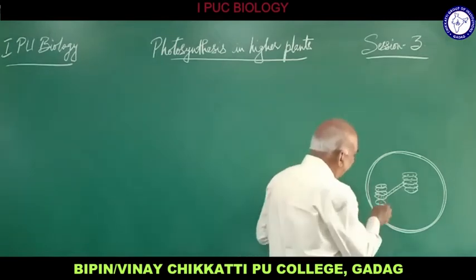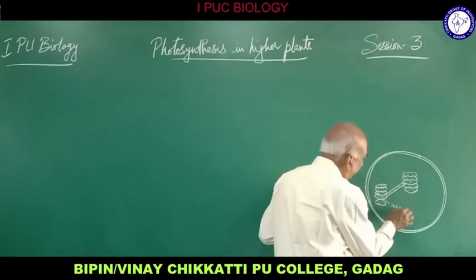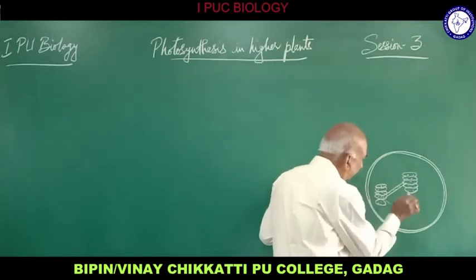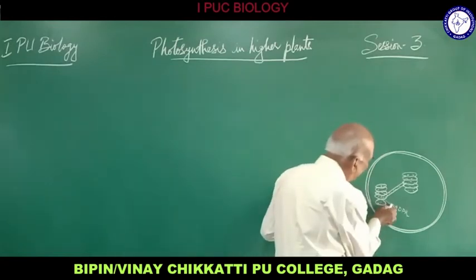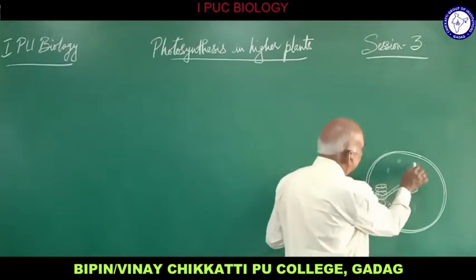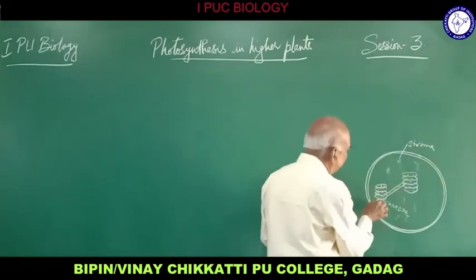Now this NADPH2 will come out into the stroma. So this is the stroma and these are the thylakoids.